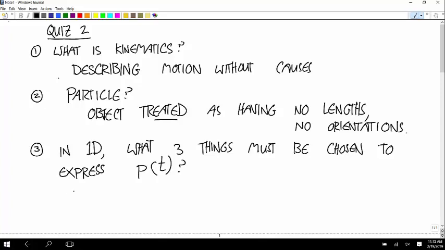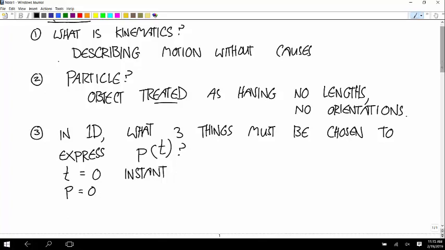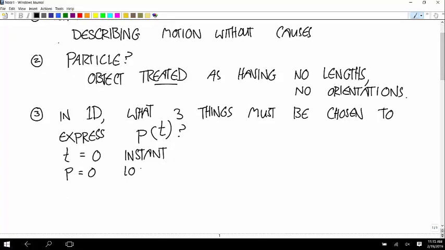You have to choose a time equals 0 instant. You have to choose a location that corresponds to a position equal to 0. And you have to choose a positive direction.